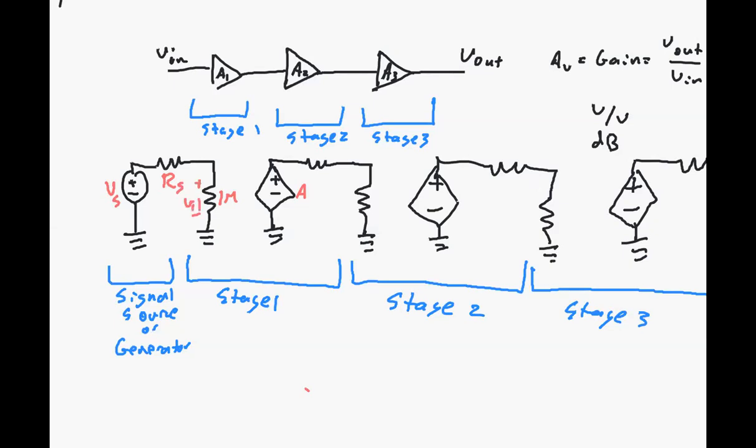I'd use a smaller size pen. Then we have AV1 VI1 and R out 1. I'm going to just give it a value, call it 1K.